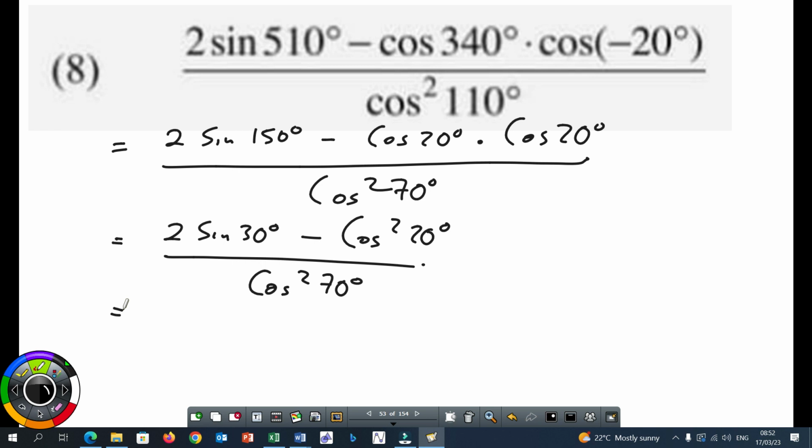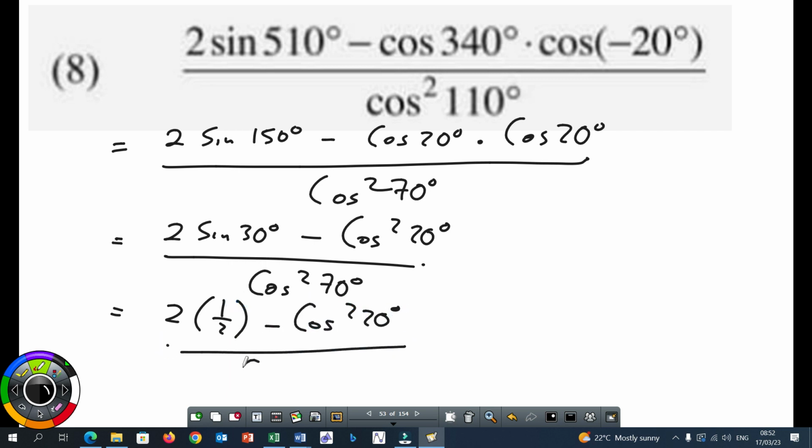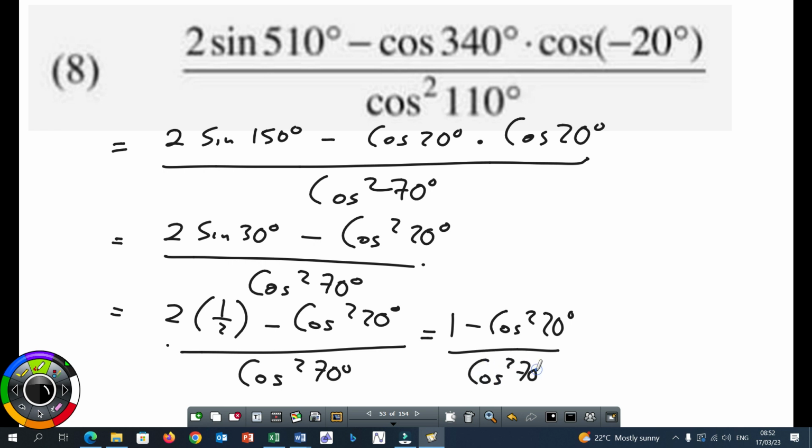Okay? Now, sine 30 is a special angle. Can you all look on the board? Sine 30 is a special angle, which is a half. So here we'll get 2 times a half minus cos squared 20 degrees all over cosine squared 70 degrees. 2 times a half will give us what? 1. 1 minus cos squared 20 degrees divided by cos squared 70 degrees.